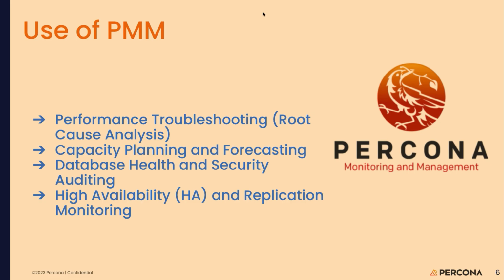Use of PMM: where and how can we use PMM? Some examples are here. Performance issues: when we have a performance issue in our database, we can use PMM for analysis, whether it is a query issue, a system bottleneck, something from the application side, or a connection issue.